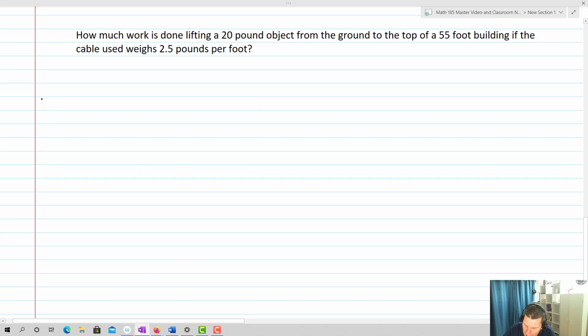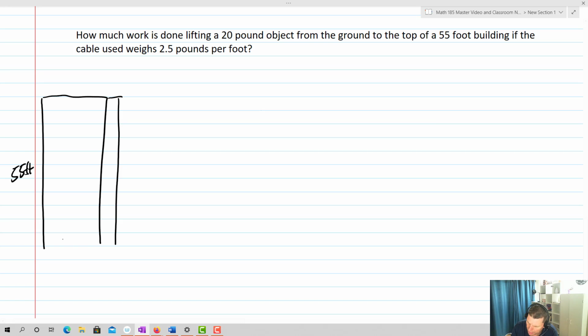So let's imagine I've got my building again. I've got 55 feet here, and I have my cable, and it's coming from the top. And now I've got a constant weight of 20 pounds that's always on the bottom.